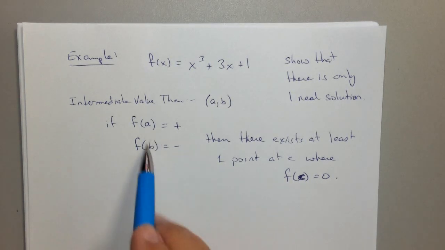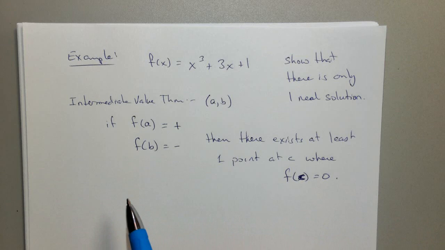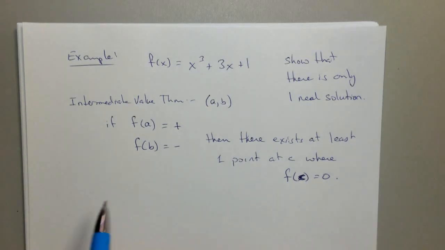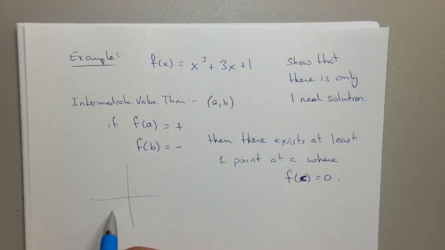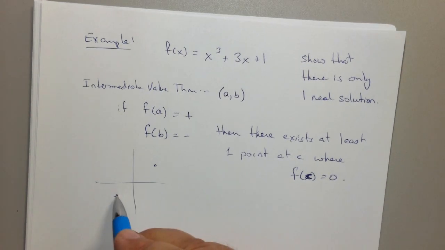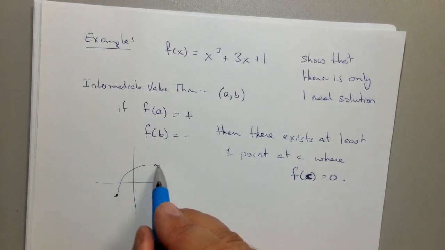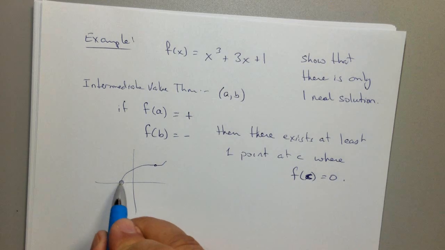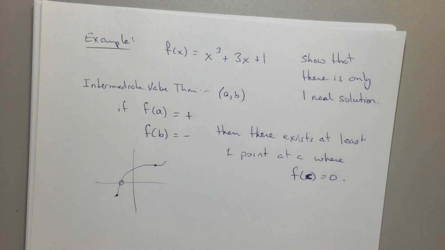So if you can find two values of a function that give us different signs, one positive and one negative, then there has to be at least one point where it crosses the x-axis, has a solution. So can we do it with this function?